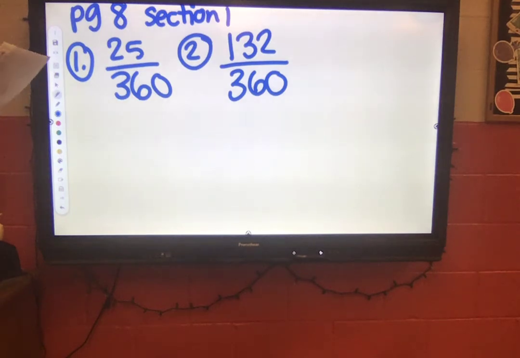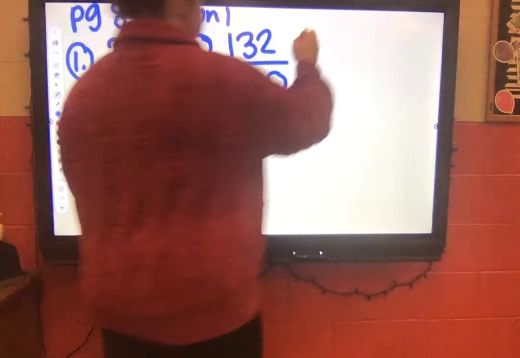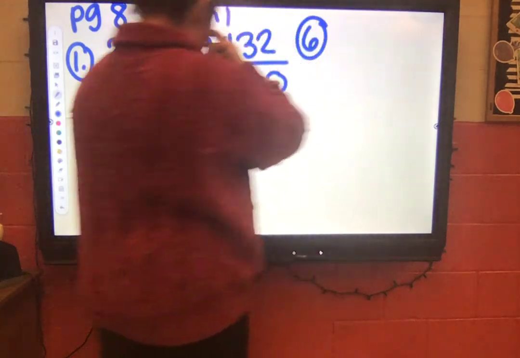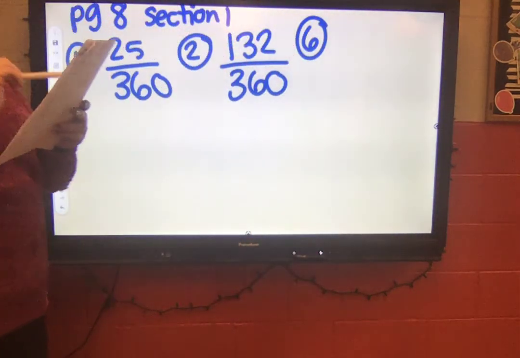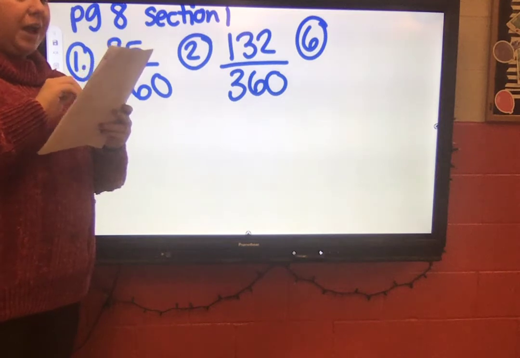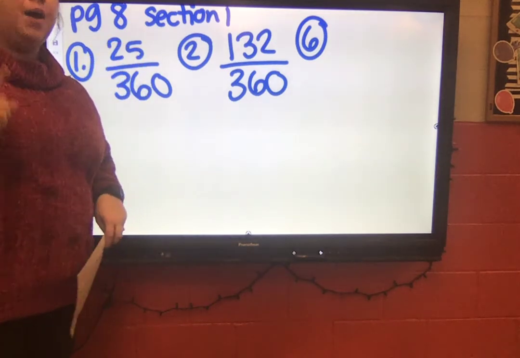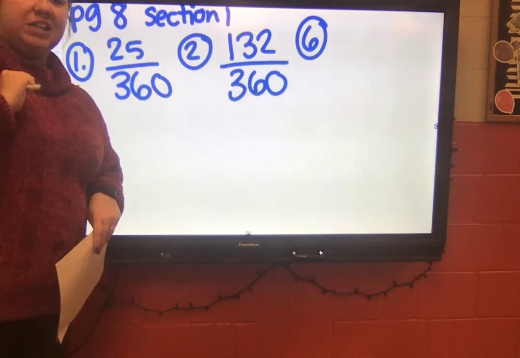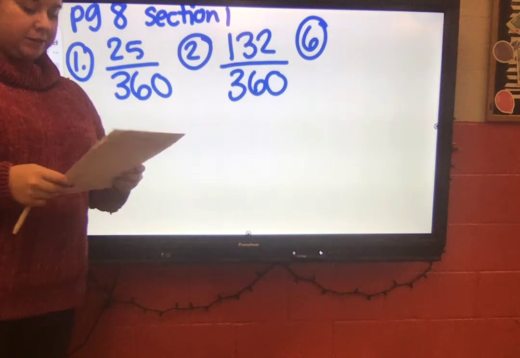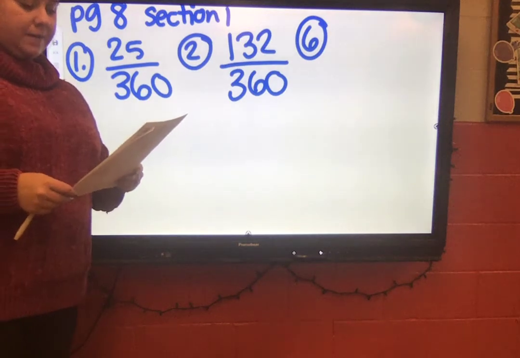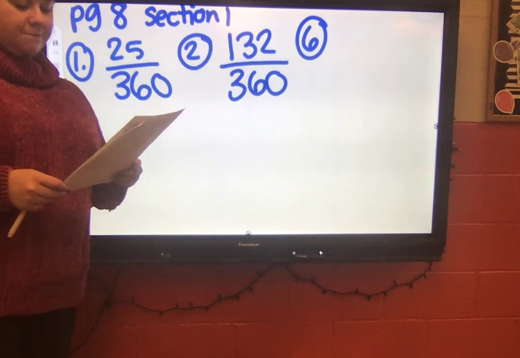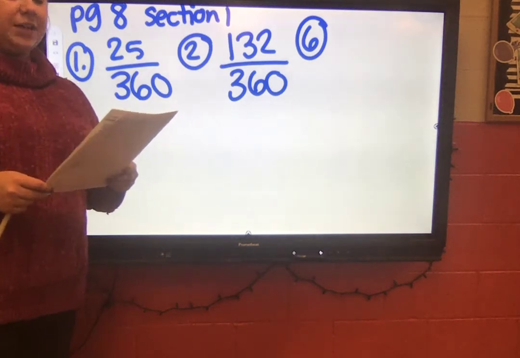Now I'm going to look at number 6. An angle that measures 80-degree turns through how many 1-degree turns? How many 1-degree turns are in 80 degrees? How many 1 degree angles are in 80 degrees?